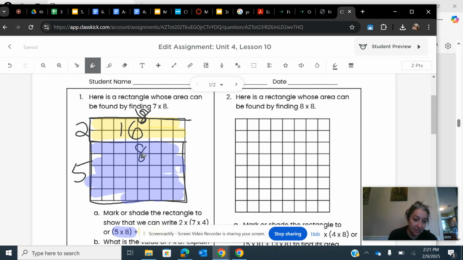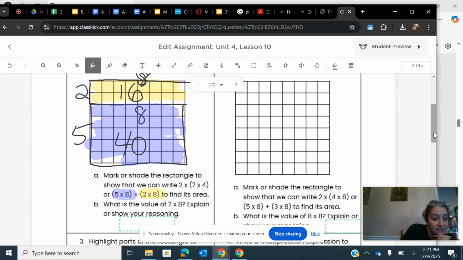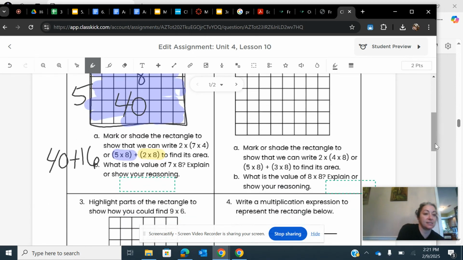Then I have 5 times 8. 5, 10, 15, 20, 25, 30, 35, 40. 40 is going to go in here. So if I did this correctly, 5 times 8 is 40, plus 2 times 8, which is 16. If you add them together, 40 plus 16 is 56.